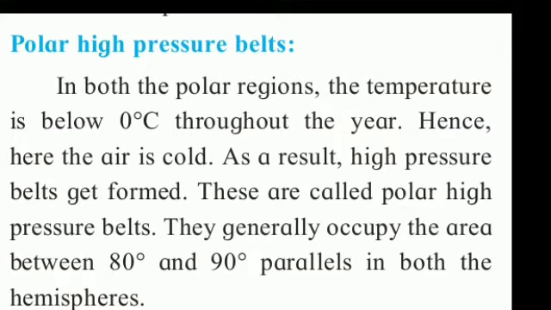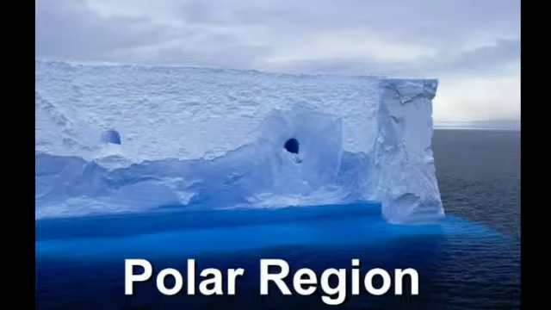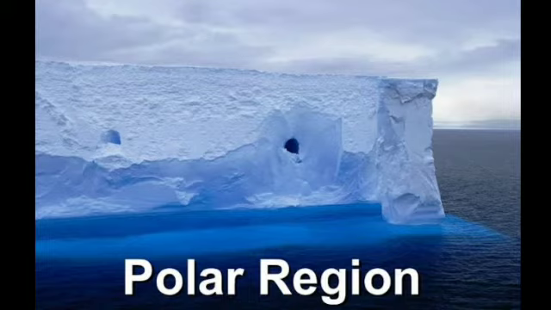They generally occupy the area between 80 degree and 90 degree parallel in both the hemispheres. Now see the explanation. The name itself, student, makes it clear. Which region am I talking about? Yes, I am talking about the polar region.